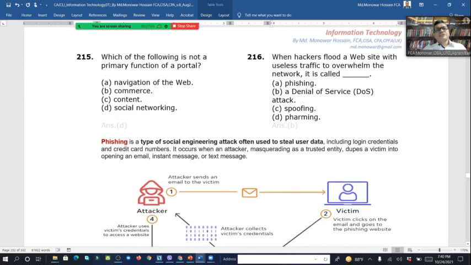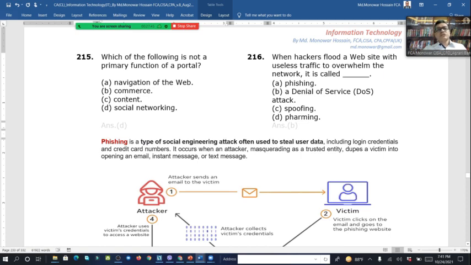Which of the following is not a primary function of a portal? Except one item, all 3 are primary functions. Navigation of the web is a primary function, sometimes e-commerce is also a function, and content is also a function.